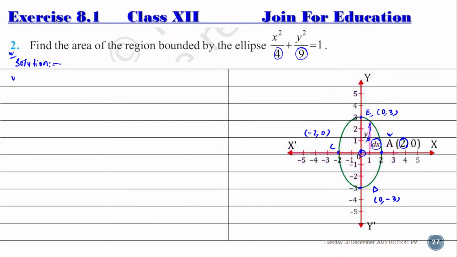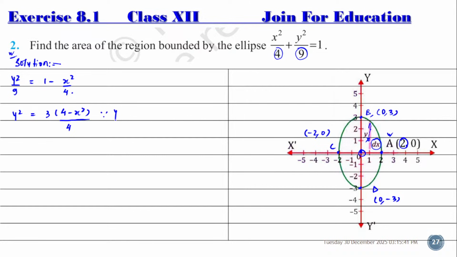So y square by 9 equal to 1 minus x square by 4, and y square equal to 9 into 4 minus x square by 4.